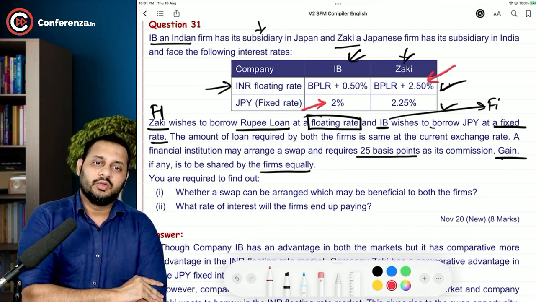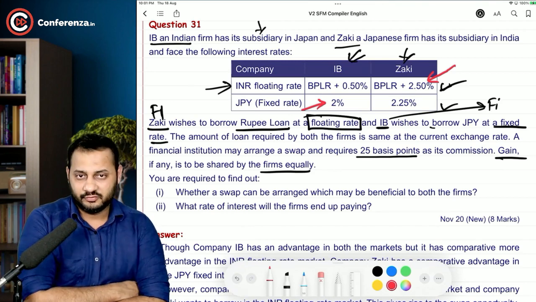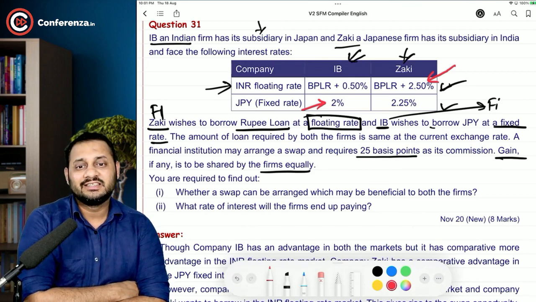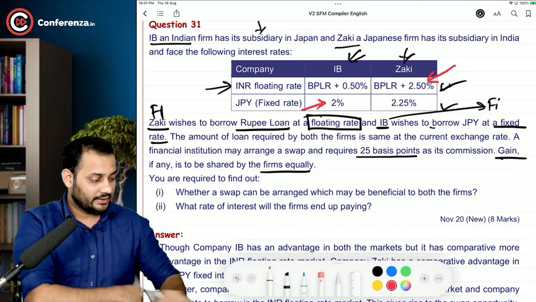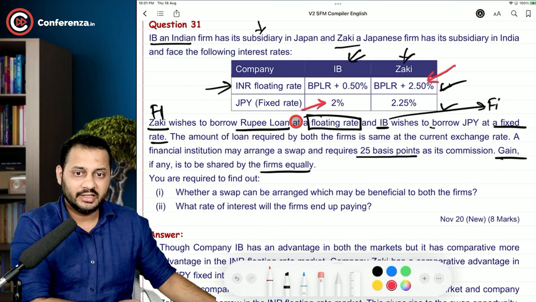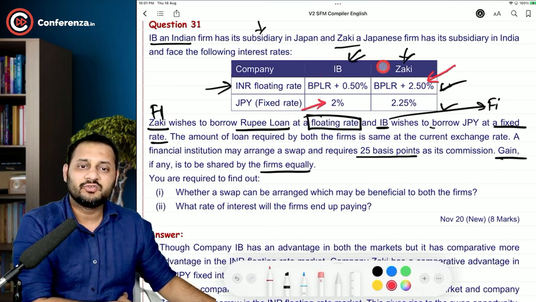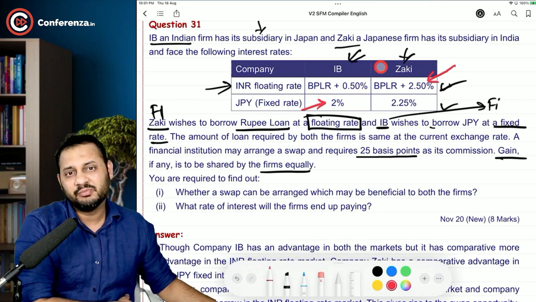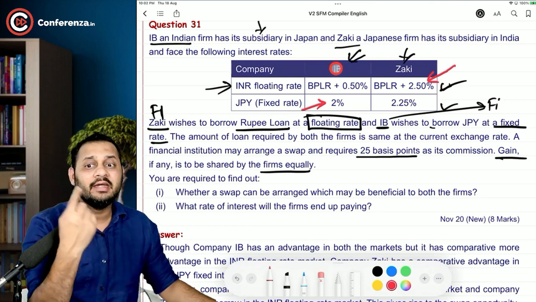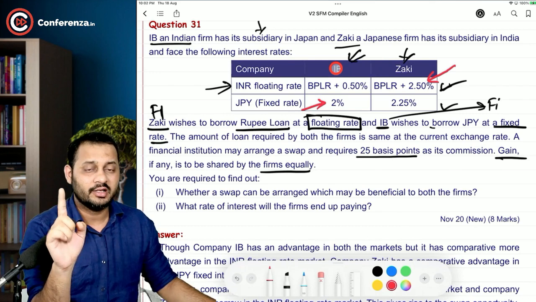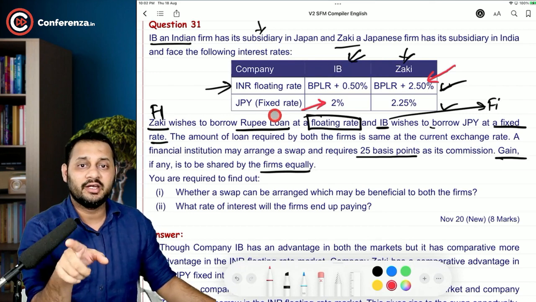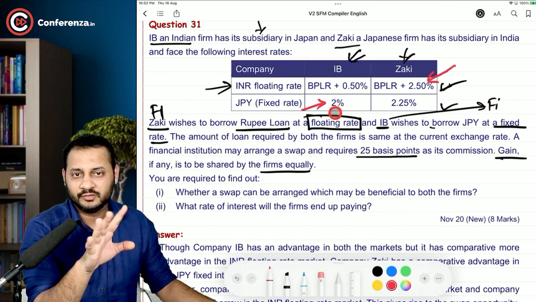Now, there is another option where, instead of directly going to the bank and borrowing the money at a desired rate, they can enter into a swap with each other in such a manner that IB will end up, it will not start, but end up with a fixed rate lower than 2%.